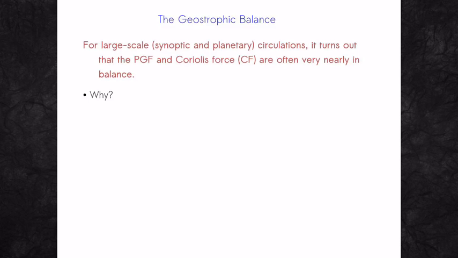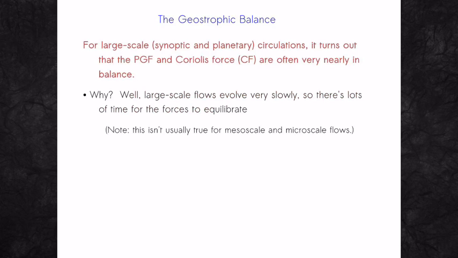So why would that be? Why are these two forces essentially in balance for large-scale flows? Well, the reason is that large-scale flows are really slow. If you remember, they evolve over time scales of days to weeks or even longer.